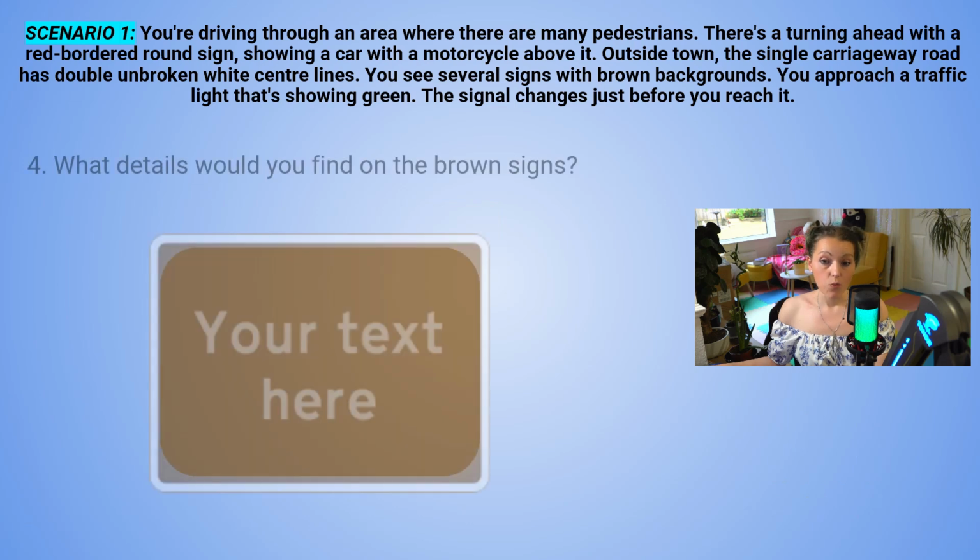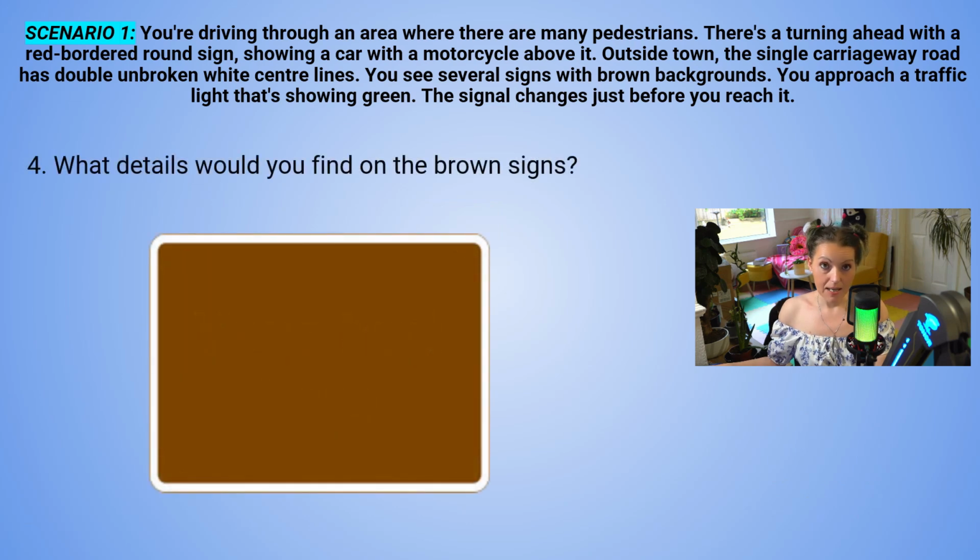What details would you find on the brown signs? So remember that outside of town, where the single carriageway has double unbroken white center lines, you see several signs which have brown backgrounds. So what would you find on these signs?